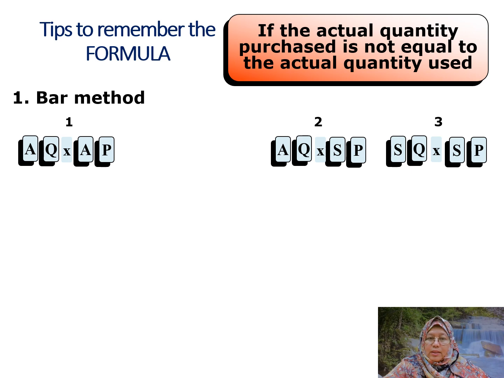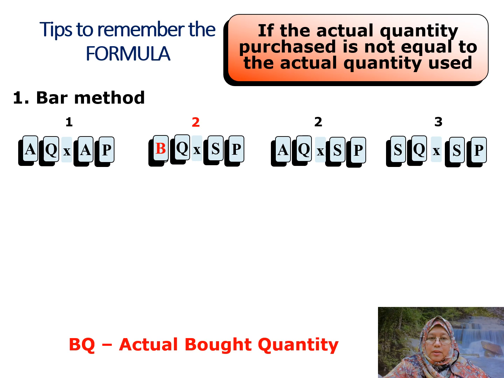For this case, the second group, AQ multiplied by SP, you have to write down twice. But for A, actual, you replace it with B. The same goes for the first group, AQ: the A you replace with B.